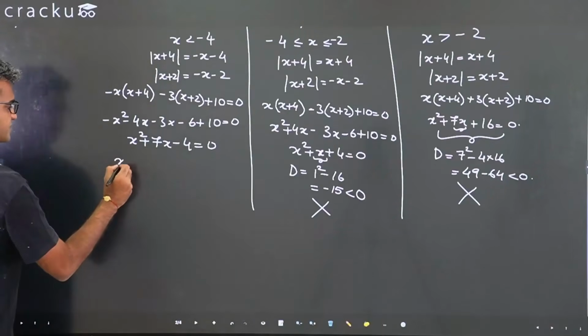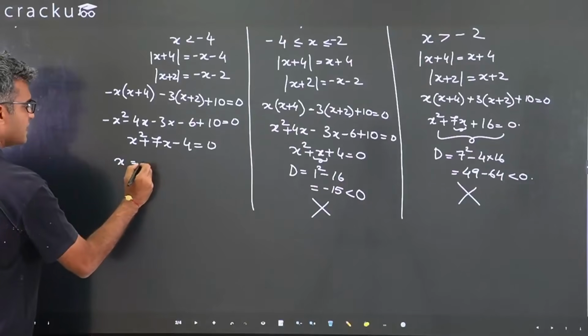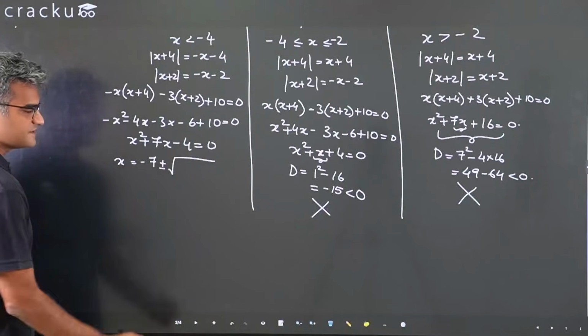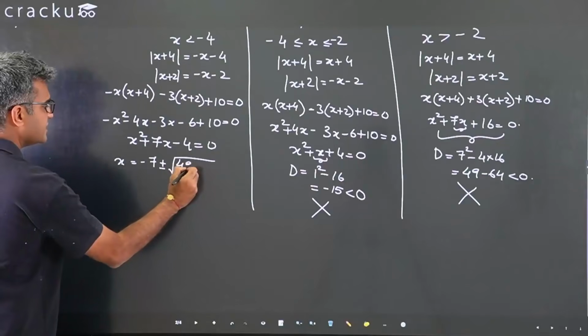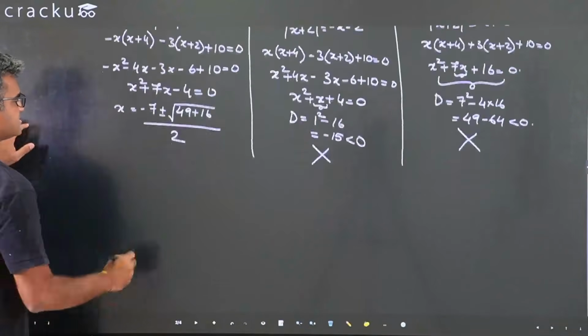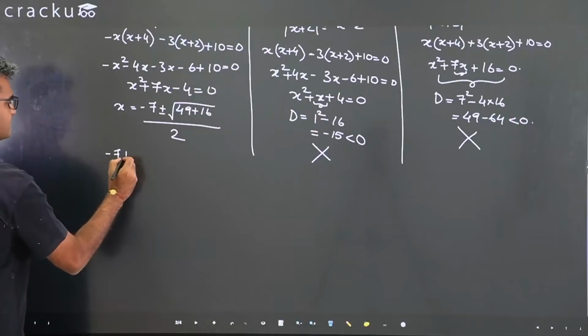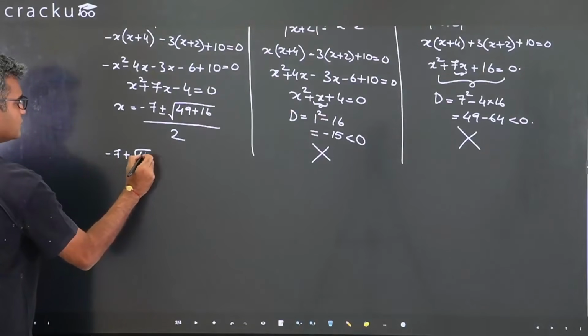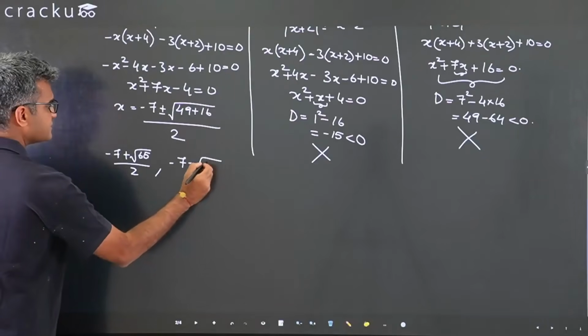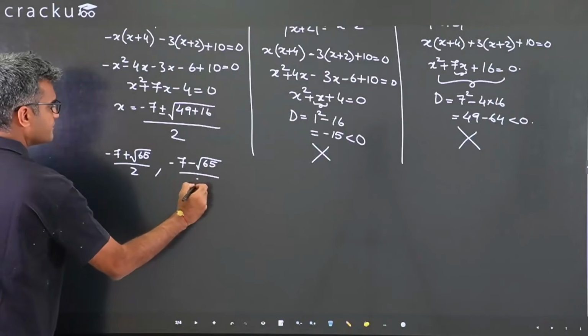There will be two roots for this. x is equal to minus 7 plus or minus square root of 7 square, which is 49, plus 16, divided by 2. That is, one root is minus 7 plus square root of 65 by 2. Another one is minus 7 minus square root of 65 by 2.